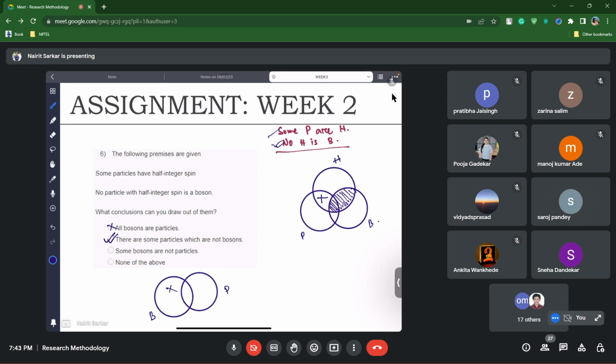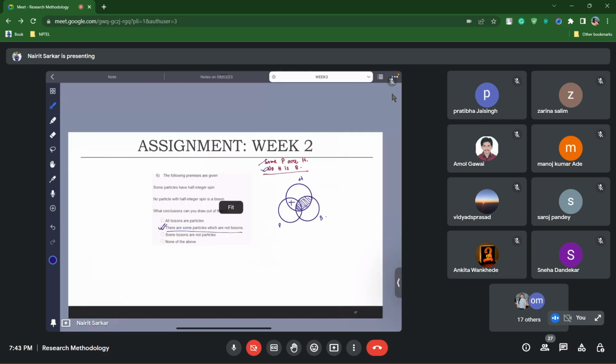Sir, invalid. So obviously then none of the above is invalid. So which one is the right answer? Only one, right? The second one should be the right answer using Venn diagram. It is easy, right? With the assignment.